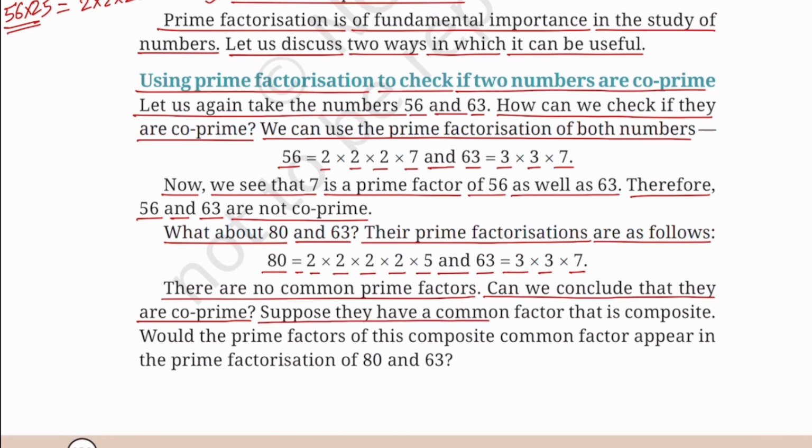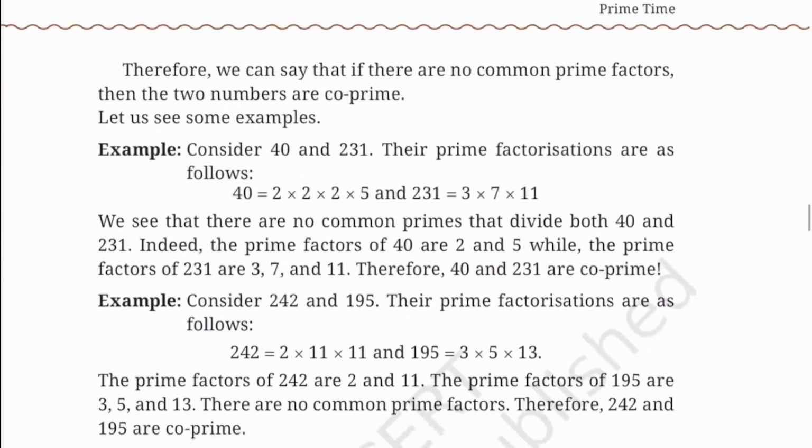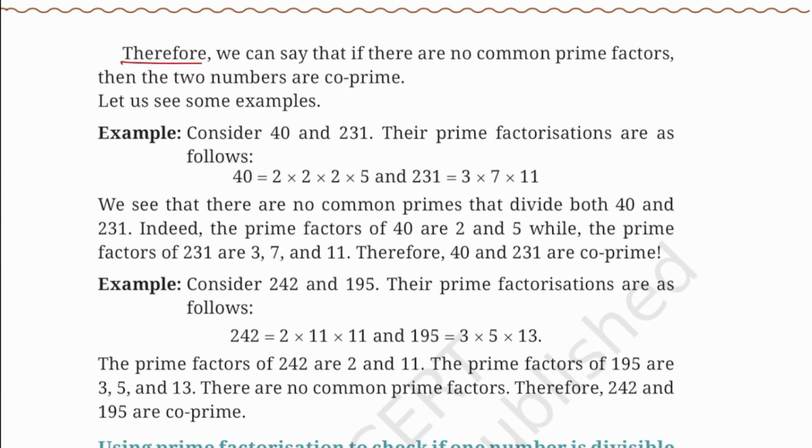Suppose they have a common factor that is composite. Would the prime factors of this composite common factor appear in the prime factorization of 80 and 63? Try doing that. Therefore, we can say that if there are no common prime factors, then the two numbers are co-prime.